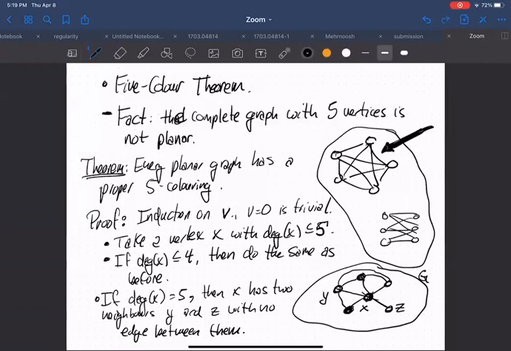But the way I picked y and z is that there is no edge from y to z. And I know that there are 2 such vertices because those 5 vertices around x can't have every possible edge between them. So 2 of them don't have an edge between them.